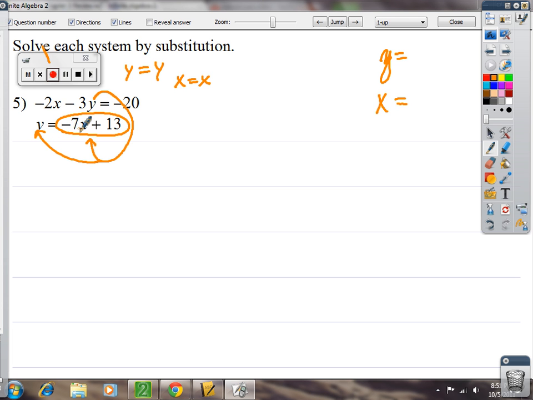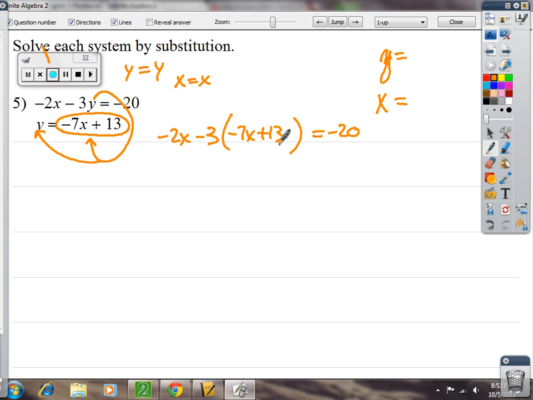I'm going to take this negative 7x plus 13 and replace y with it. The top equation is negative 2x minus 3 times y, equal to negative 20. Now I'm going to substitute in place of y something that is equal to it, which is negative 7x plus 13.